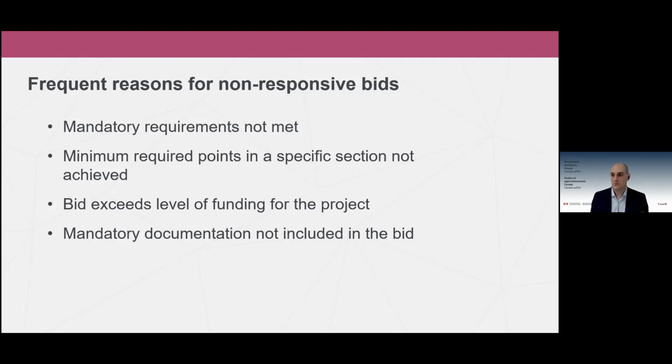We want to purchase wood, 2x4s, and someone came up with a bid of $600,000, right? So we need to be fair. We have a specific budget for every single item that we purchase, so that's the reason why some bids could be rejected. And mandatory documents not included in the bid, as mentioned several times. That's quite important.